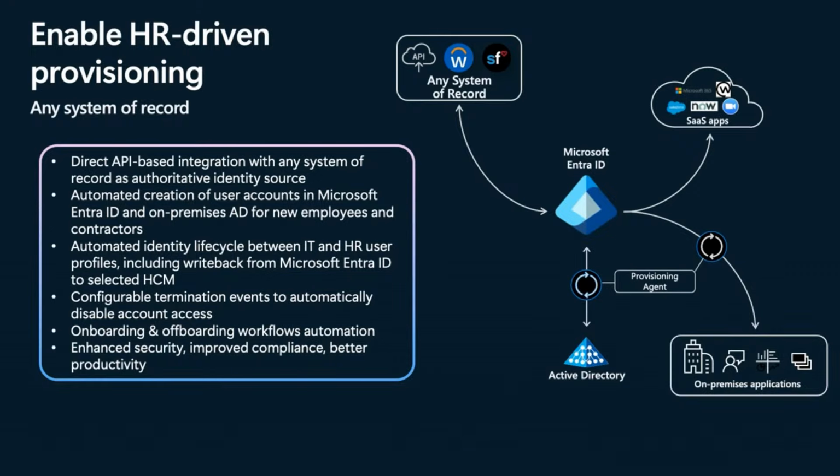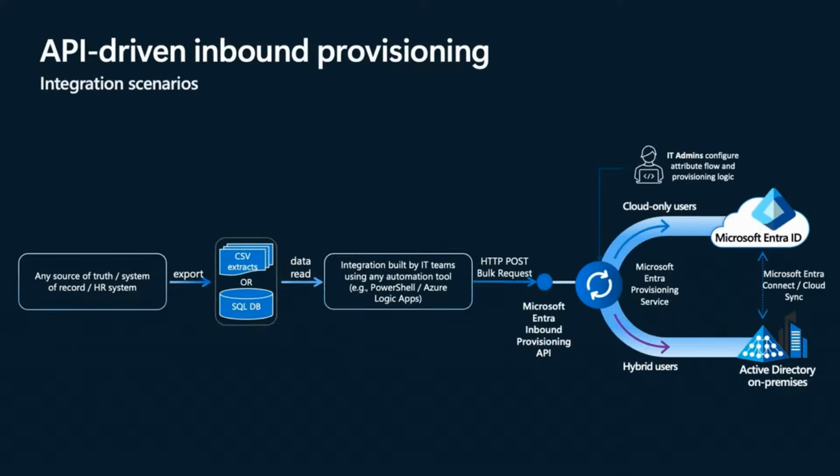using our API-driven provisioning. CSV files and SQL staging tables are commonly used in enterprise integration scenarios. Employee, contractor, and vendor information are periodically exported into one of these formats. An automation tool is used to sync this data with enterprise identity directories.